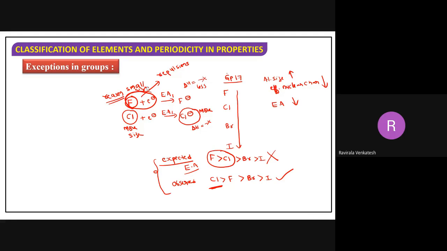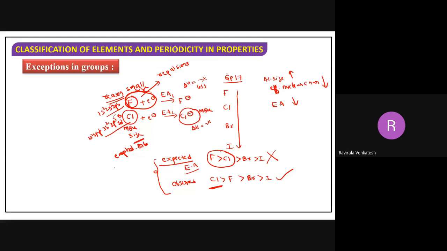The addition of electron with fluorine is not easy for us. But in the chlorine, because of more size, there is an empty d orbital. In the fluorine, we don't have d orbitals because the configuration is 1s2, 2s2, 2p5. Therefore, we don't have any d orbital. But in this case, 1s2, 2s2, 2p6, 3s2, 3p5 and 3d 0 it is.